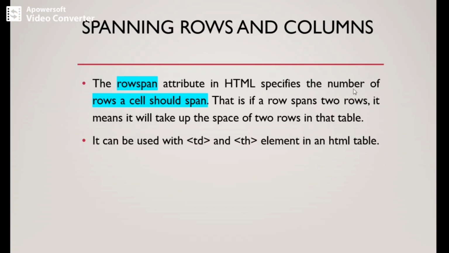If a cell spans 2 rows, it means it will take up the space of 2 rows in that table. So it can be used with the TD and TH elements in an HTML table.